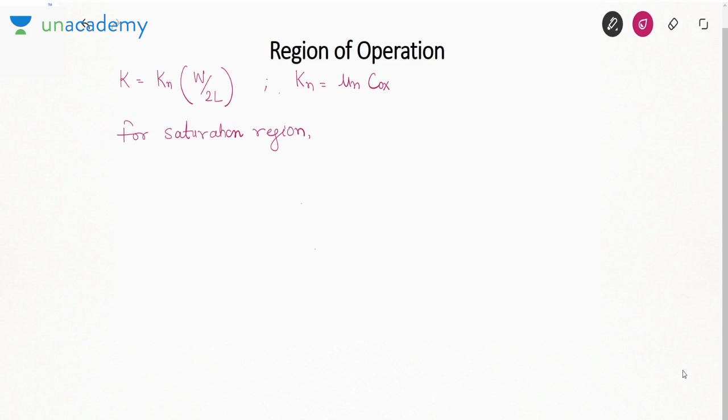Now when we talk about the third region, that is the saturation region. In the saturation region, your VGS is greater than or equal to the threshold voltage, and at the same time the drain to source voltage is also greater than VGS plus mod of VT. In that case, the drain current comes out to be K (VGS plus mod VT) whole square.